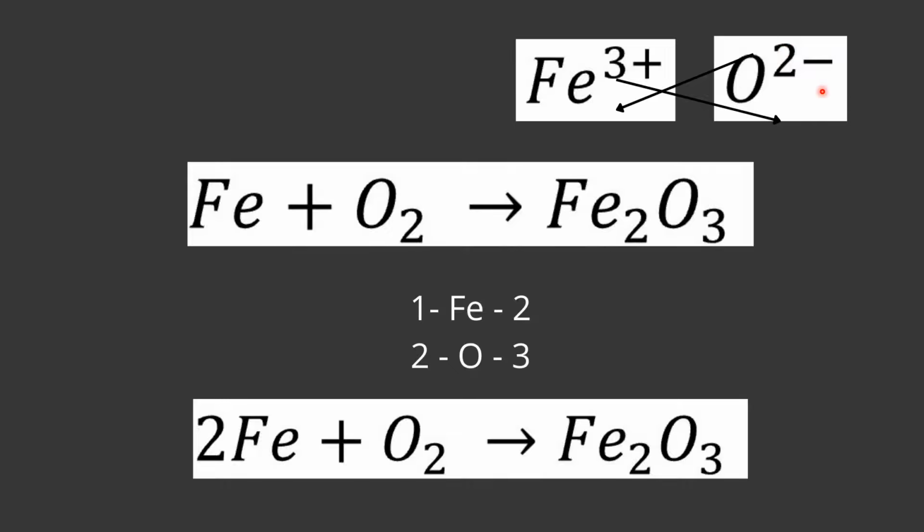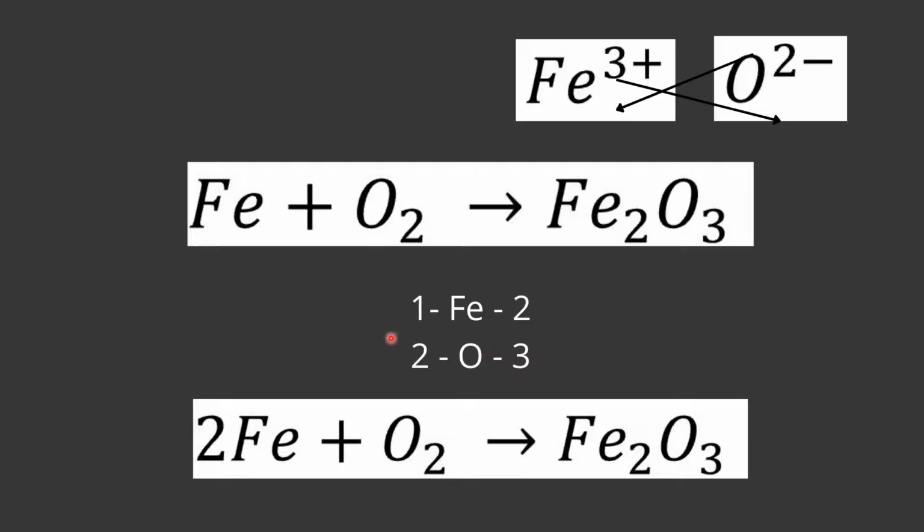It's almost like you take this 3 and move it over, I don't want to say cross multiplication because that would be wrong, and you take this 2 and put it there. So you have Fe2 and O3, and you have formed your iron 3 oxide, right?